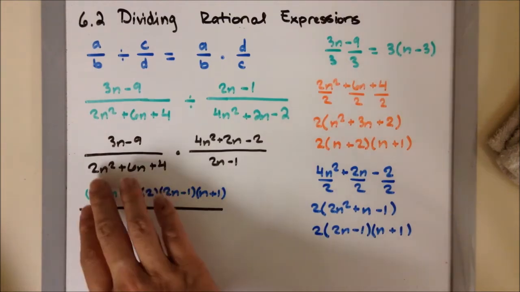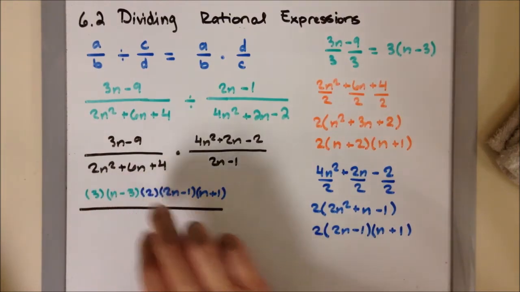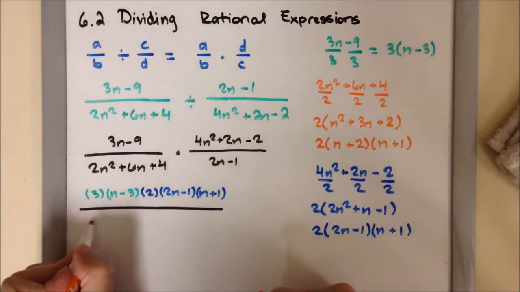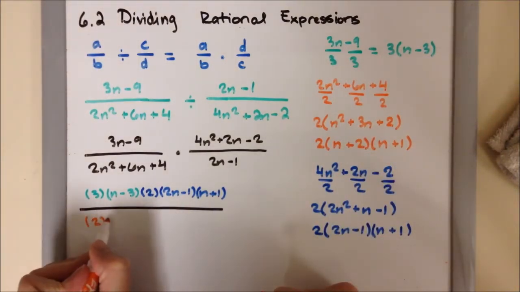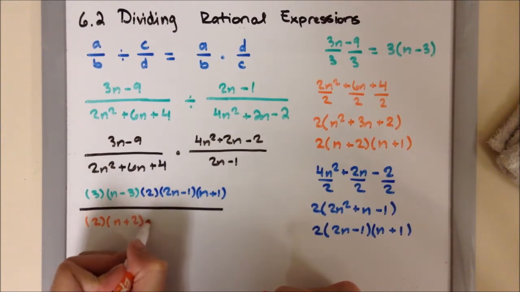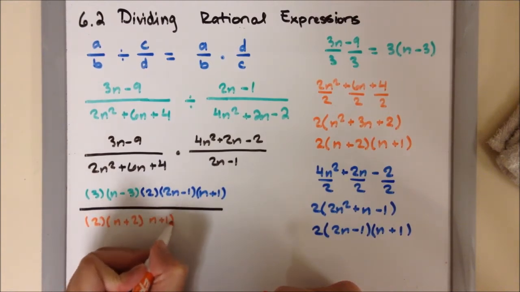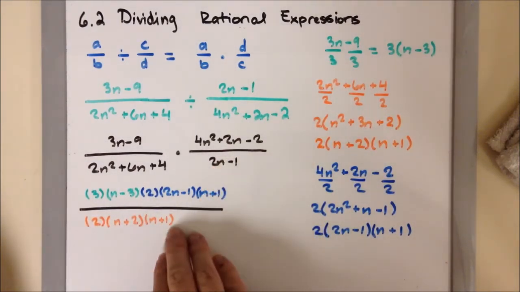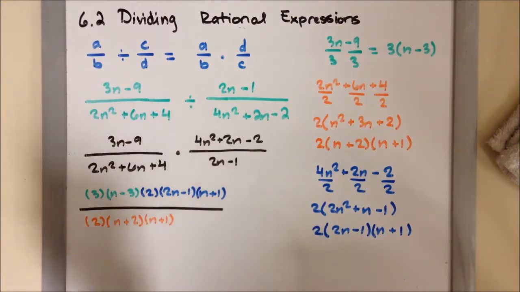On the bottom, where it's 2n squared plus 6n plus 4, this is what I'm going to put in its place. And then I bring 2n minus 1 next to this group of factors.